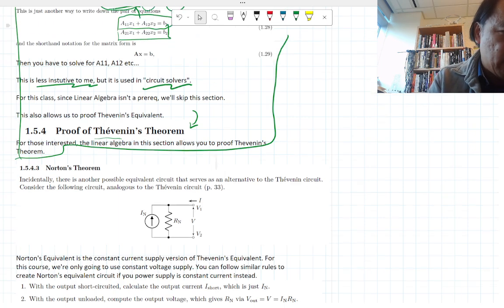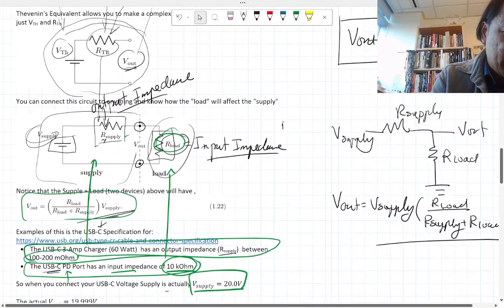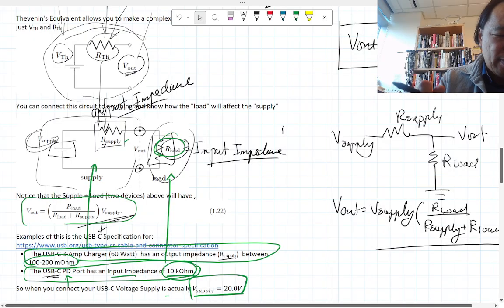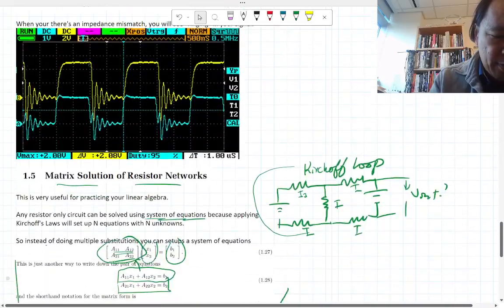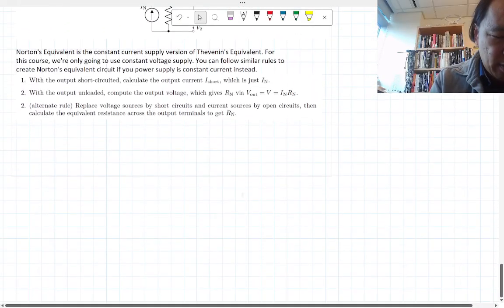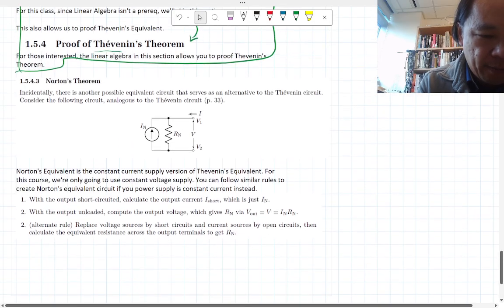But since what we're going to end up doing is simplifying a lot of our circuits down until it's just one voltage supply, one Thevenin's equivalent supply, and then one low input impedance on the other side.